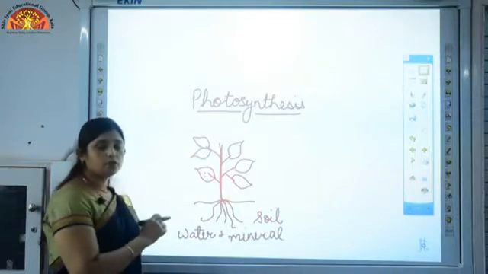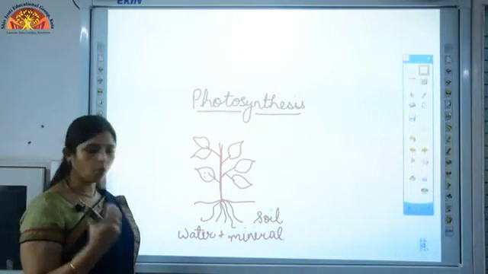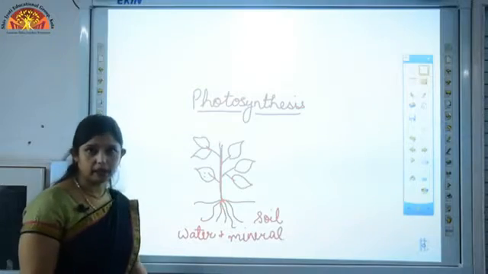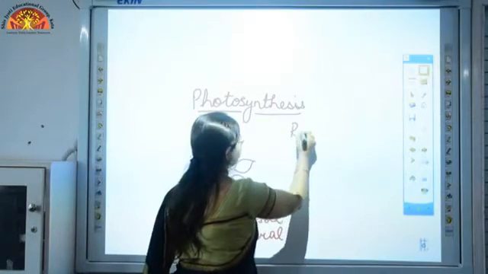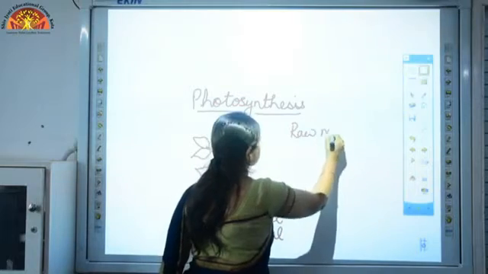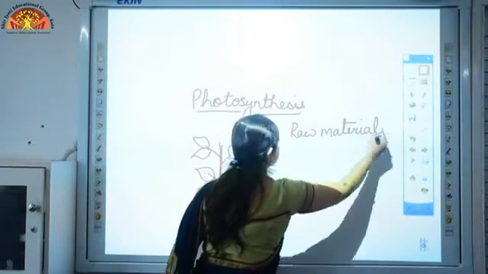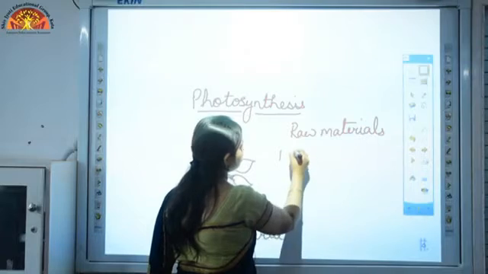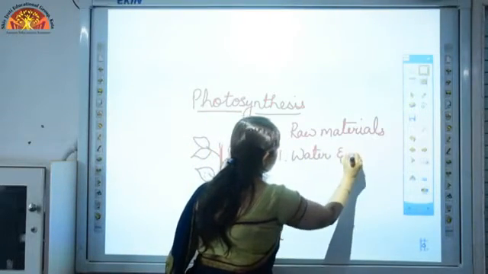The process of photosynthesis is the process through which plants prepare their own food. They need some raw materials to prepare their food. These raw materials are, first of all, water and minerals.